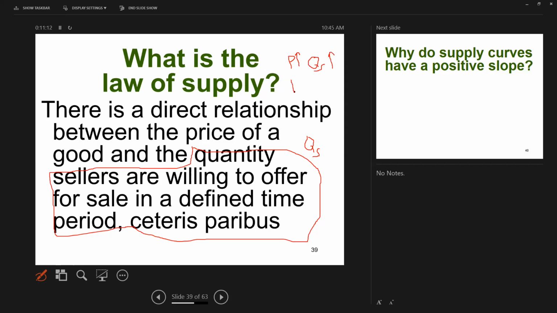If, on the other hand, the price of a good goes down, quantity supplied is going to decrease with it. Okay. So that direct relationship means price and quantity supplied move in the same direction. If price goes up, quantity supplied goes up. If price goes down, quantity supplied goes down.